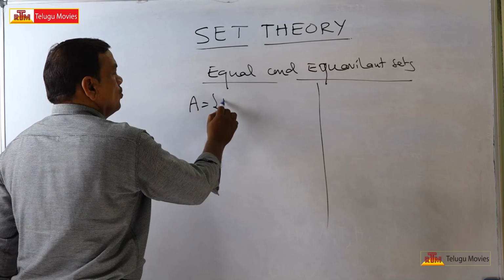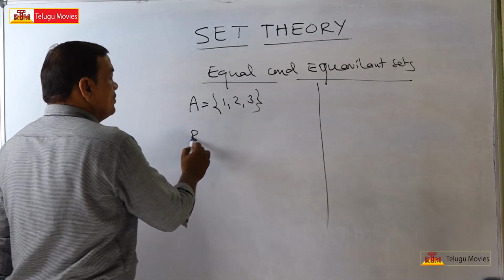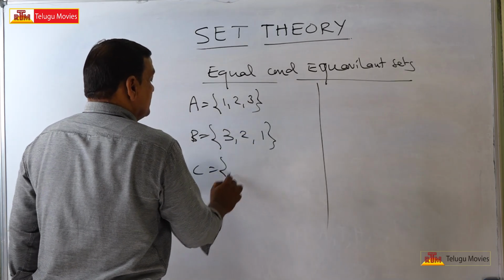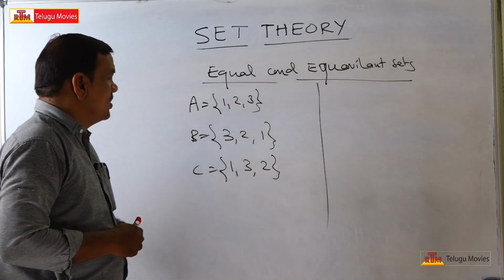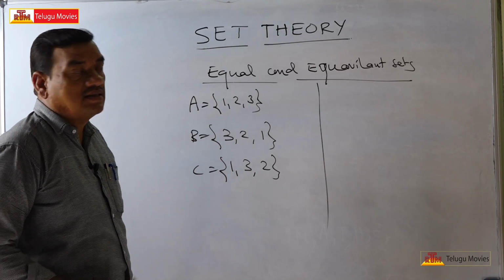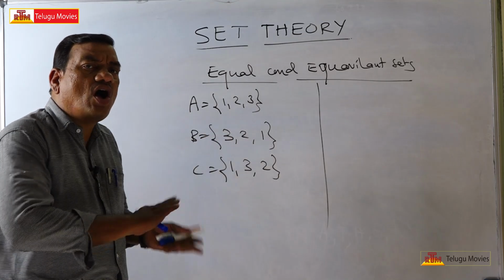A = {1, 2, 3}, B is the set consisting of 3, 2, 1, and C is a set consisting of 1, 3, 2. If you observe, all these three sets contain the same elements, 1, 2, 3. That is, the order is different.